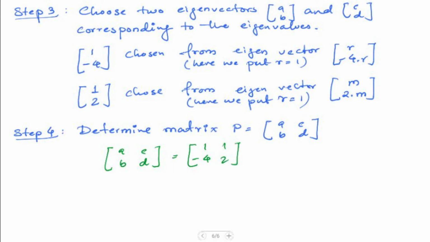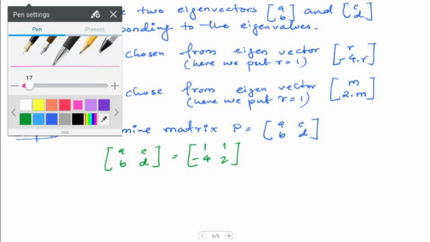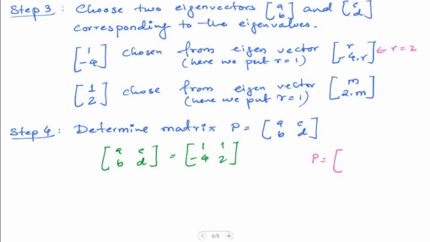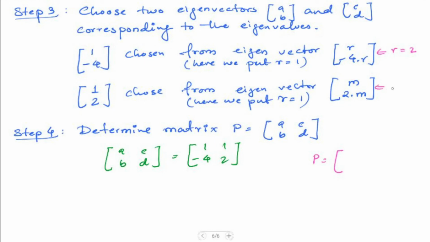Now you could choose these as anything. For example, P could be, let's say, the value of R to be 2 and the value of M to be minus 3.